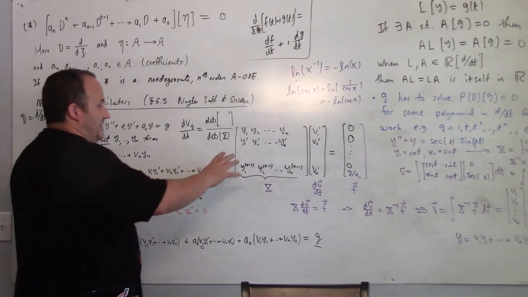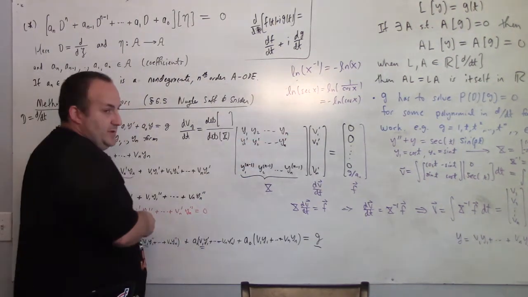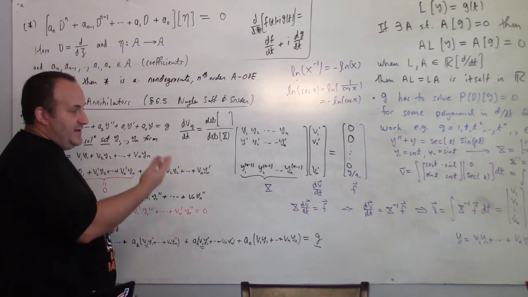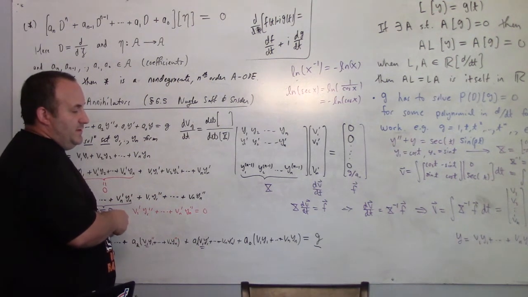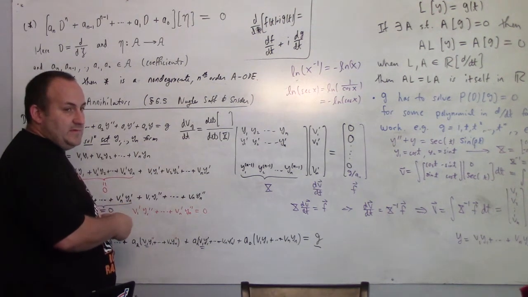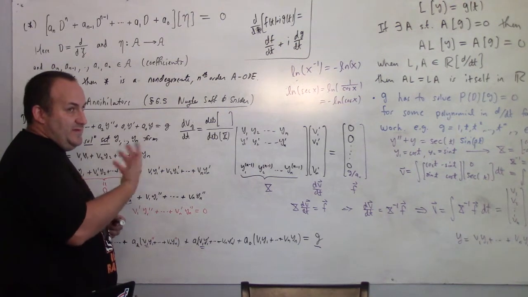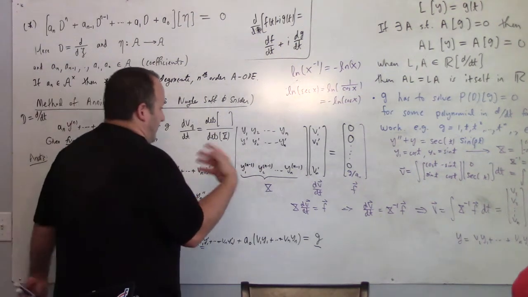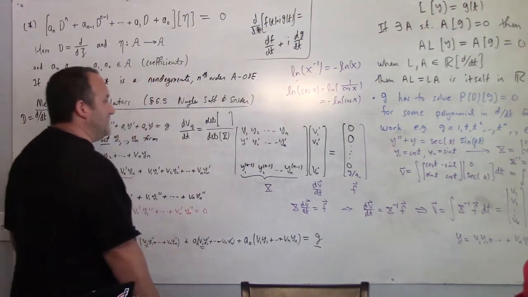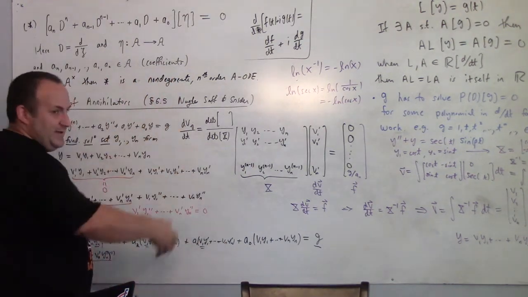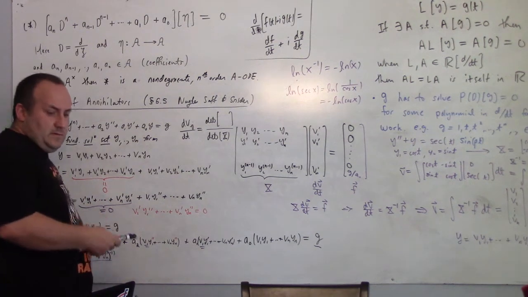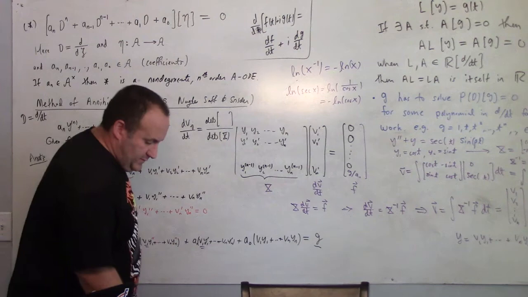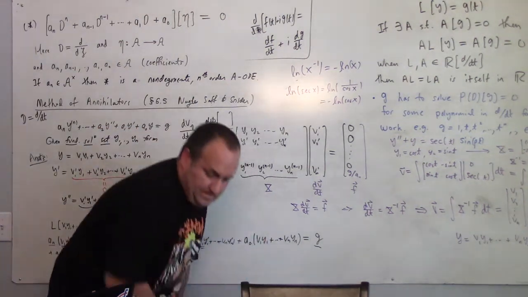When you swap out a column, you get a determinant of a matrix involving n-1 things, all but the jth fundamental solution, forming a Wronskian that's called a sub-Wronskian. Anyway, this is in your book, in chapter 6.